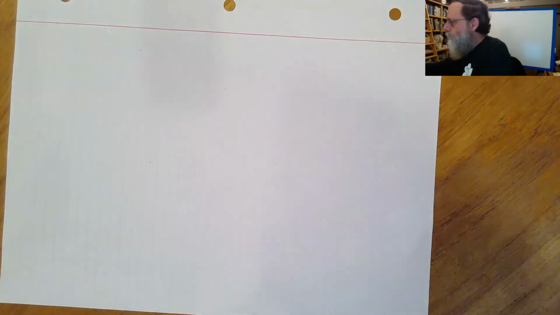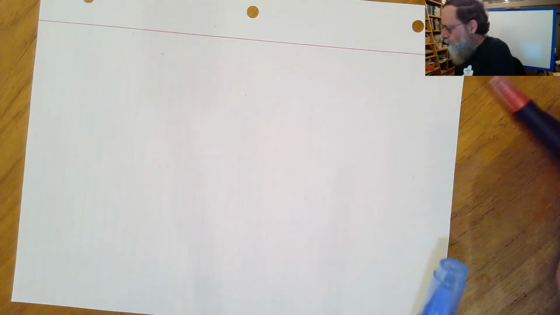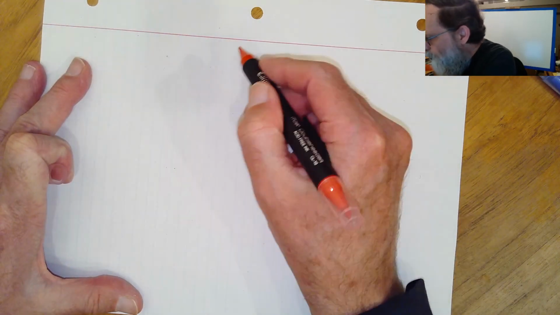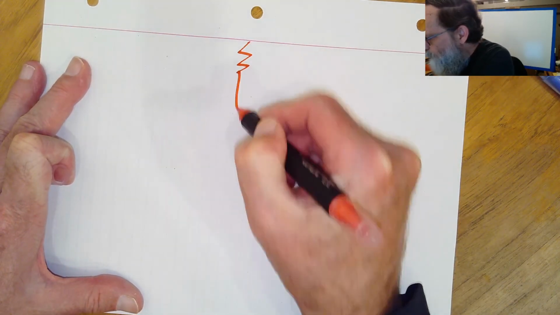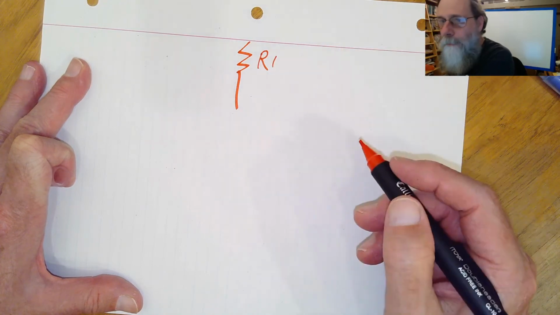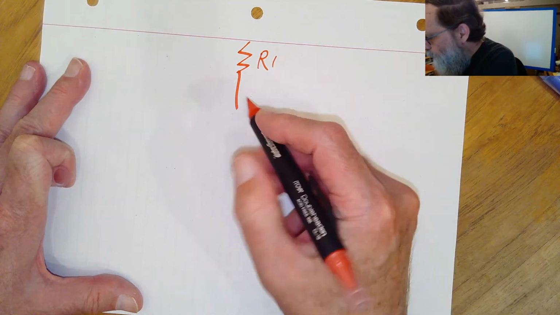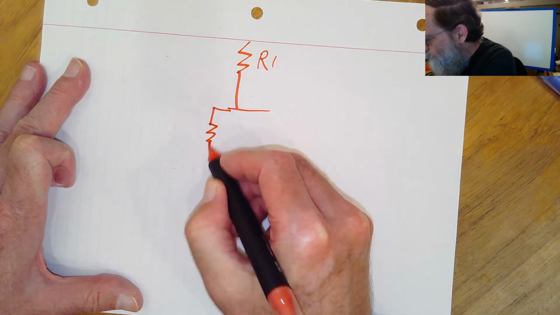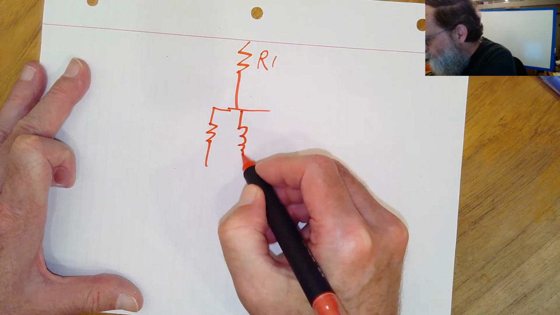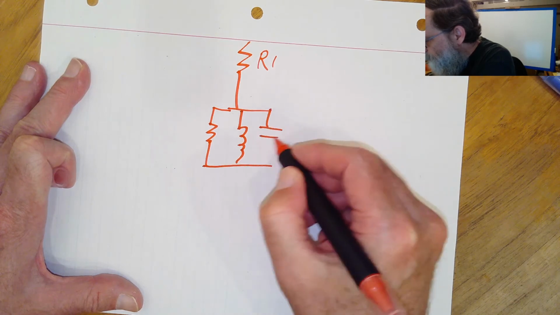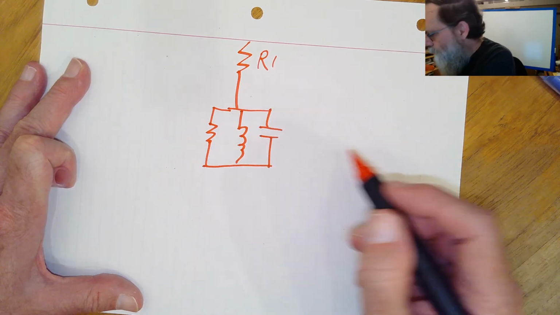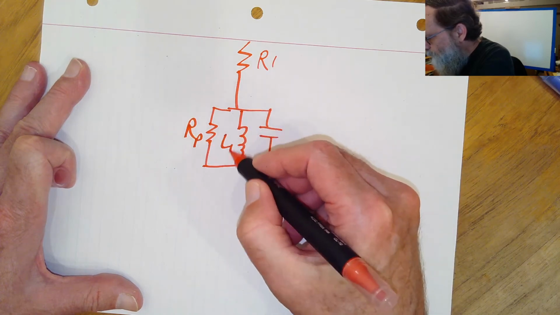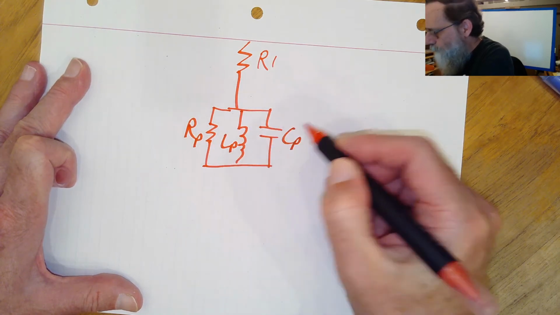So let's get out a piece of paper here and draw out the schematic for what we're going to be doing. There's going to be a DC resistance, let's call that R1. There's going to be a mechanical resonance, and that's going to be a resistor, an inductor, and a capacitor. And let's give those names like RP, LP, CP.